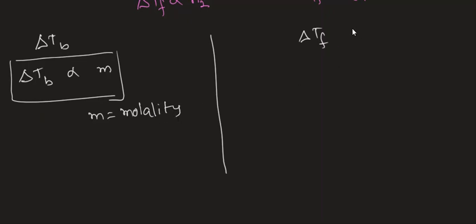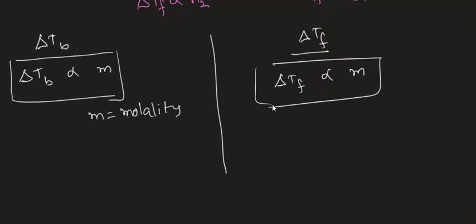Similarly, delta TF is proportional to molality, the same. In this case, you have to introduce a proportionality constant, and that is called Kb.